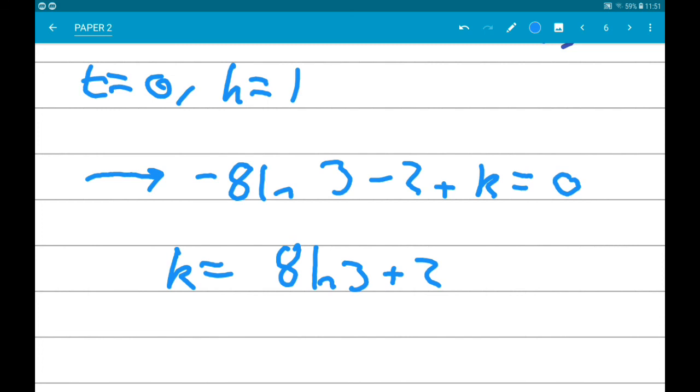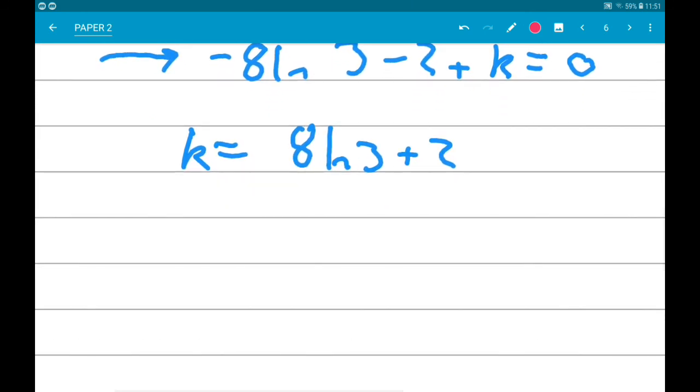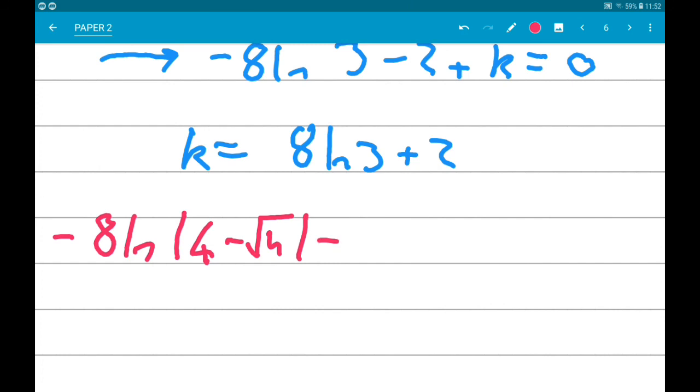Alright, so now we know that minus 8 log mod 4 minus root h minus 2 root h add 8 log 3 add 2 is equal to t to the 1.25 over 25.